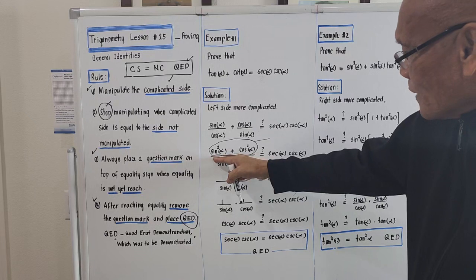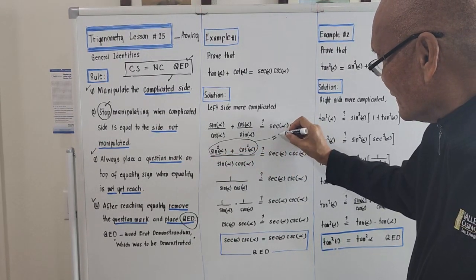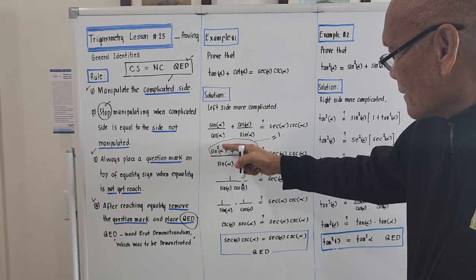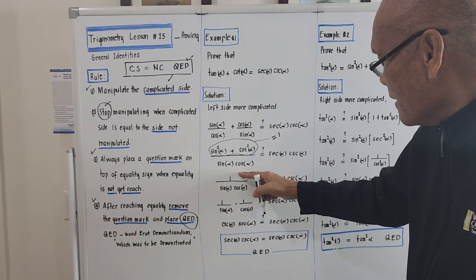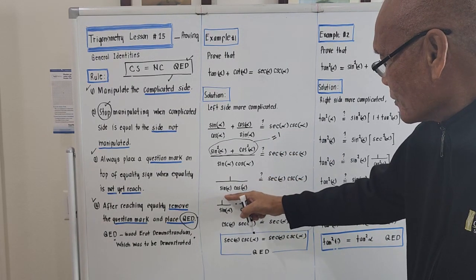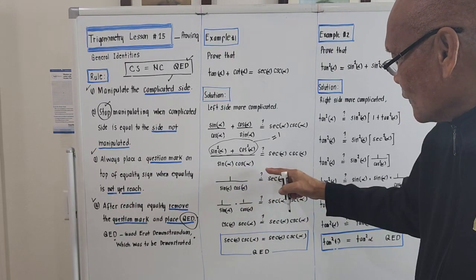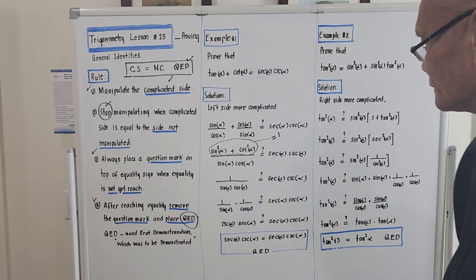What is sine square of alpha plus cosine square of alpha? That is actually equal to 1, right? So we could replace sine square of alpha plus cosine square of alpha by 1. So this is now 1 over sine of alpha, cosine of alpha. The operation is multiplication, right? Is it equal to secant of alpha, cosecant of alpha?